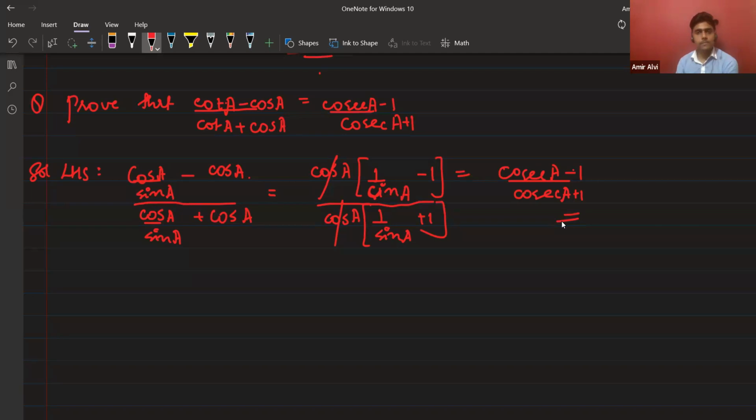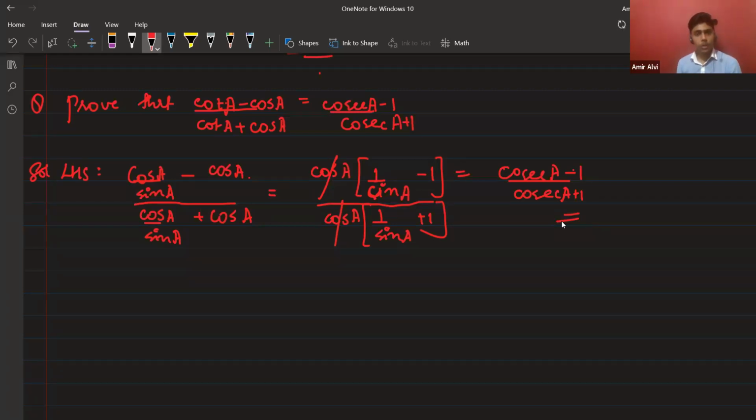Adil, the main thing about trigonometry is to think as much as you can. There can be numerous ways to solve this. That's up to you. When you practice, practice helps you find which approach is correct.